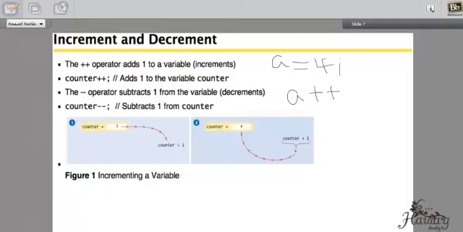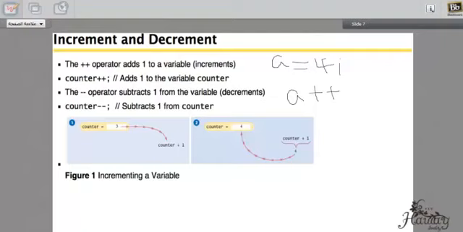If you have a loop, we normally use the increment and decrement with the loops, which I will talk about in the next lecture. Every time the loop goes, providing the loop is true, you will add 1. So the 4 will become 5, 6, 7, 8 until you tell it to stop.